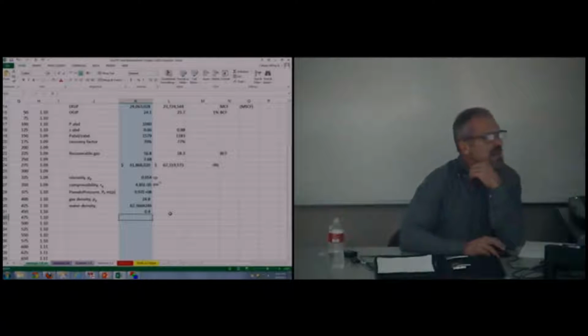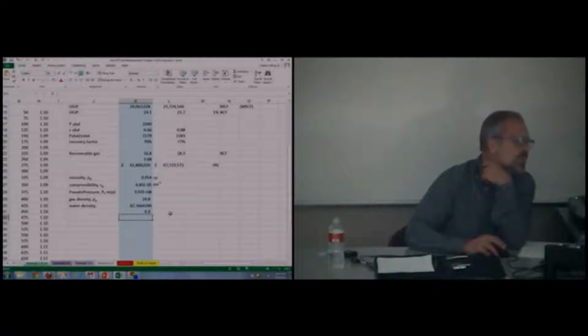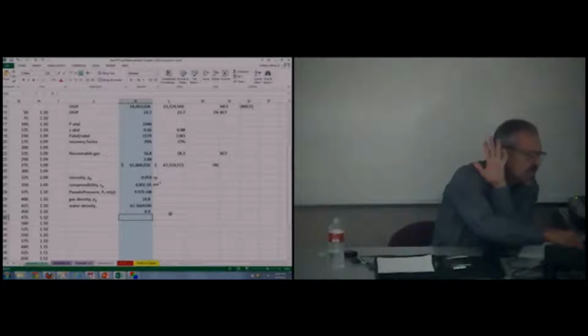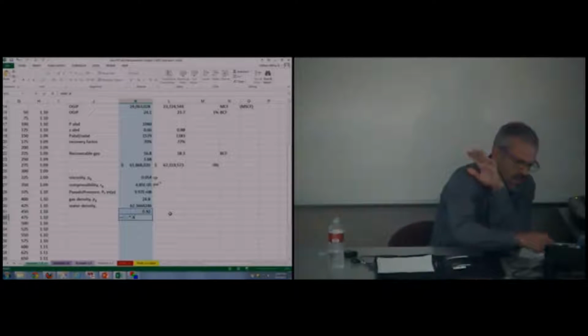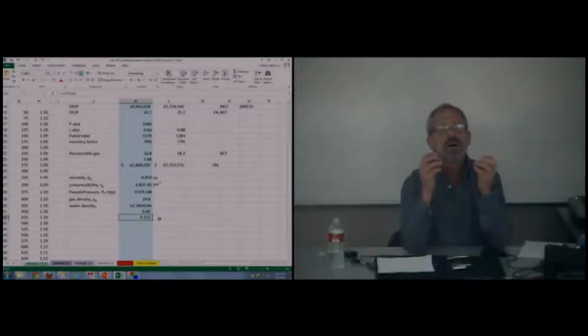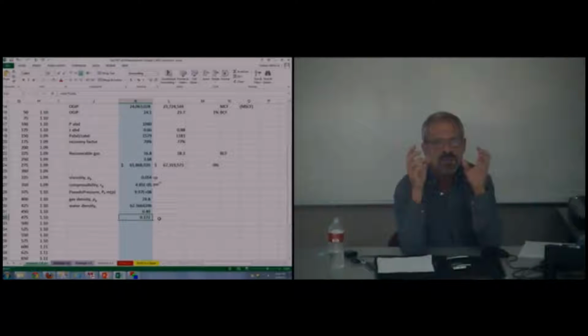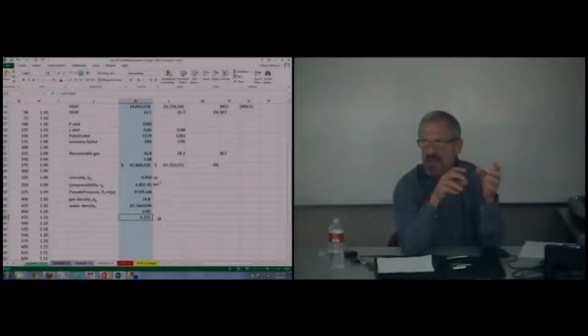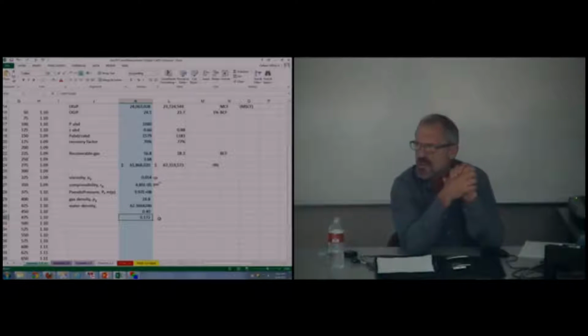Now water gradient has a 0.433. This has 0.4 of that. Okay. So, at reservoir temperature and pressure, this gas will have a gradient of 0.172 psi per foot.